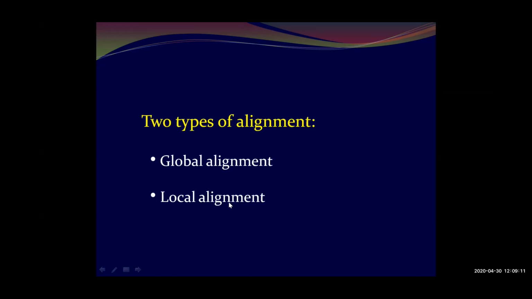Local alignment means alignment between two sequences taking into consideration segmental similarity. In certain segments there is similarity, but global alignment means we are taking into account the whole sequence and we would like to see the similarity or dissimilarity over the entire sequence. That is called global alignment.